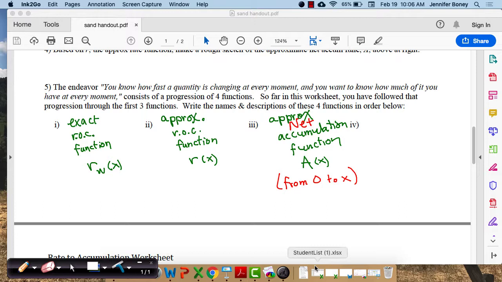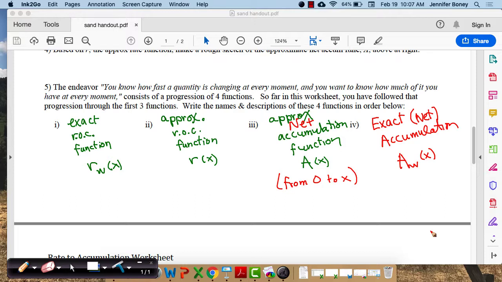So our goal is to get to an exact accumulation function, and it'll be net still, unless we add on a starting value, which is not a big deal. And we'll call that A sub W of X, same thing as the beginning, the exact net accumulation of weight. And this is, in this particular instance, from time 0 to time X, how much accumulated.